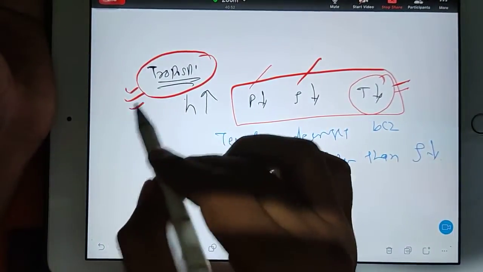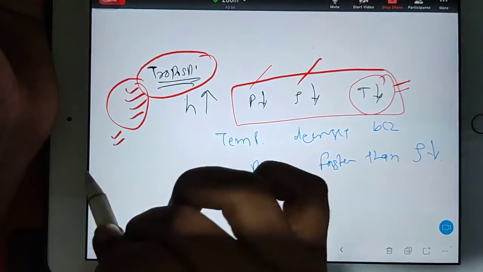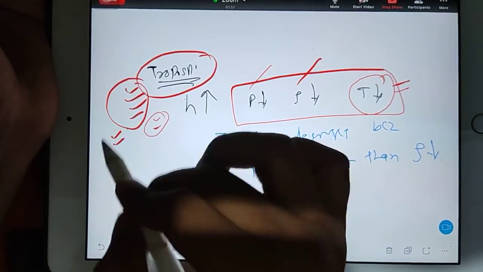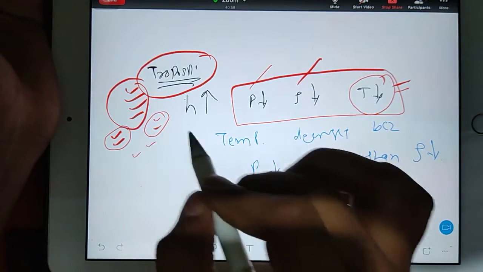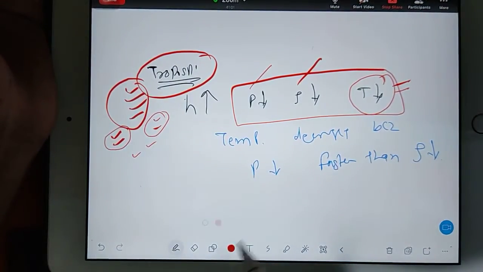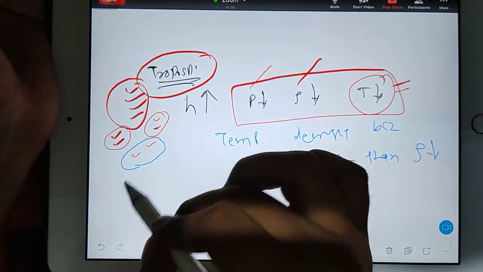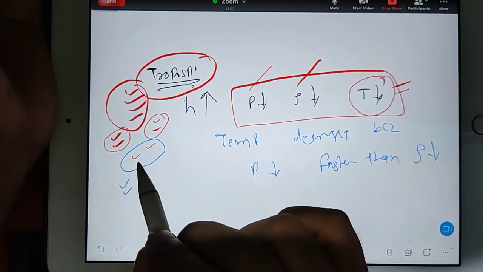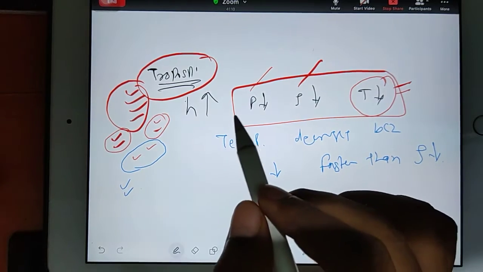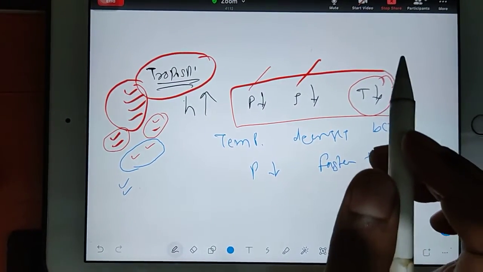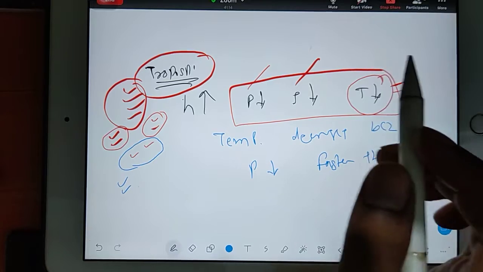So currently you got troposphere. In troposphere you have certain numericals, and to solve those numericals you have certain formulas. Now I have to know, in your syllabus, whether you have to deal with numericals or only theory. Okay, then fine.